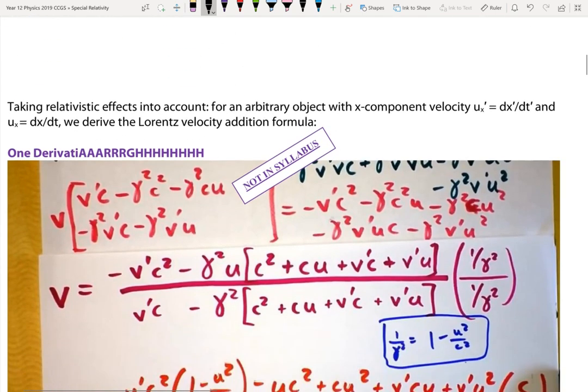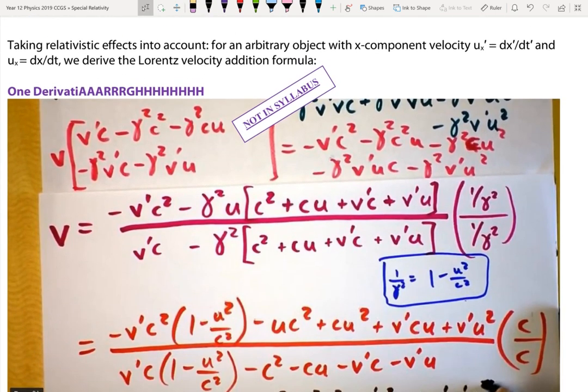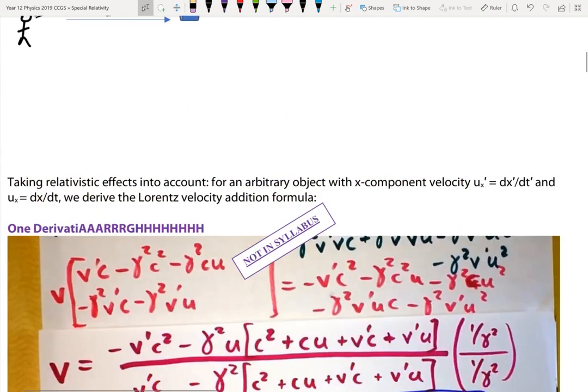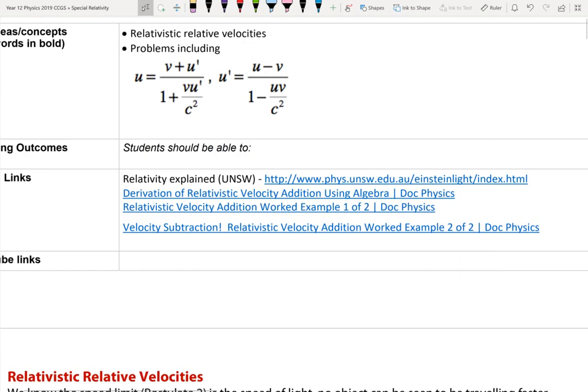Now, I've added this recently to the booklet. I did this the other day. Obviously, you have this booklet printed. There is a calculus derivation. Doc Physics, whose videos we've seen a couple of, does a crazy large derivation. Obviously, it's in the link up here. If you're a masochist and you want to follow his mathematics and his rearranging and his algebra, you can, but we don't need to worry about the derivation.